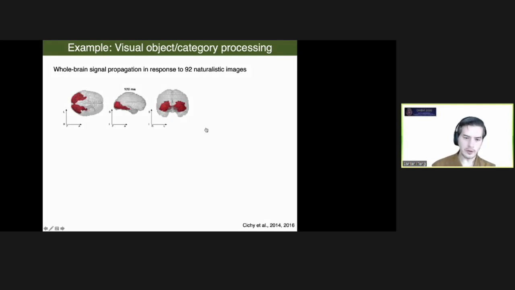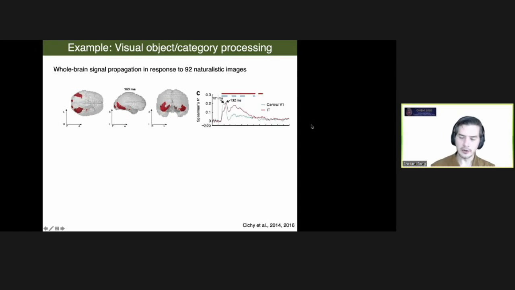And so here you can see the familiar early to more anterior propagation of visual responses. And here you see the two ROI time courses, just V1 and IT, and they corroborate this idea that the MEG and fMRI signals correlate early in V1 and later in IT.